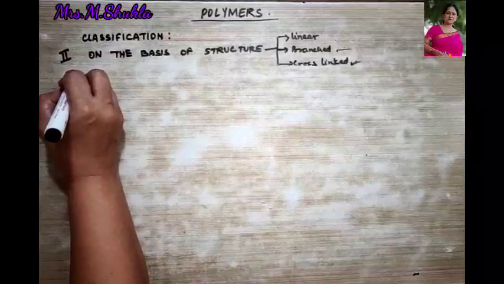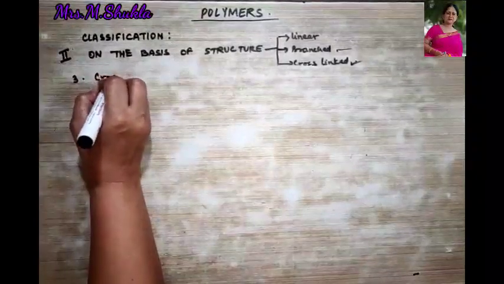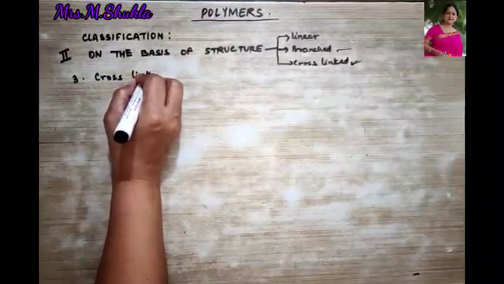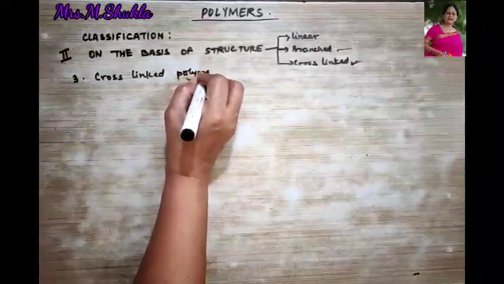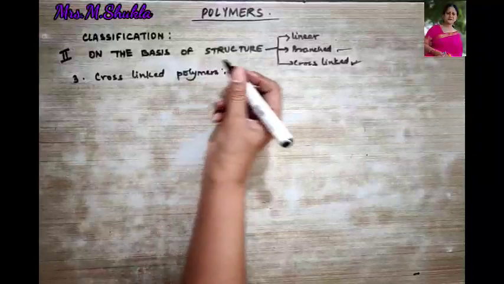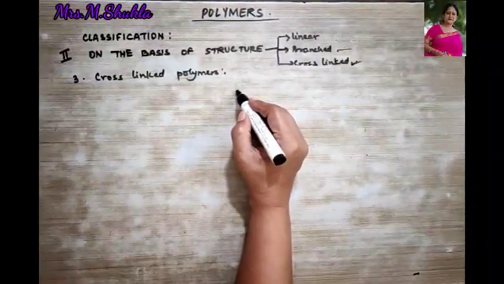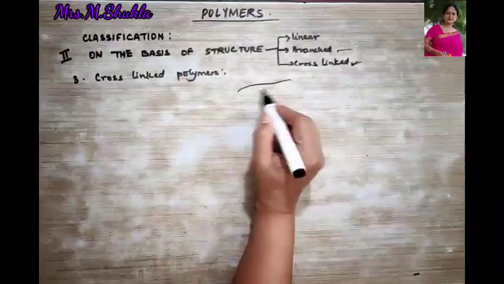Coming to the third kind, that is the cross-linked polymers, right? Over here, if you see the structure, there's something like this.